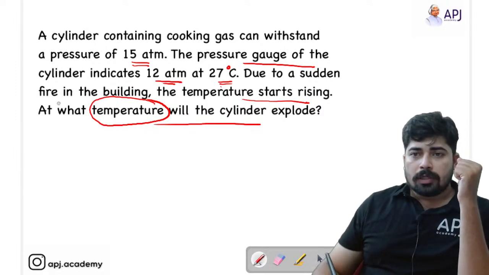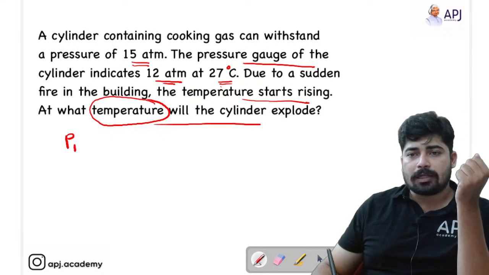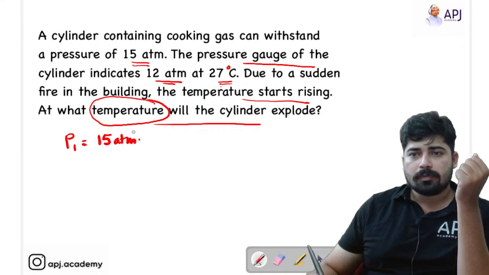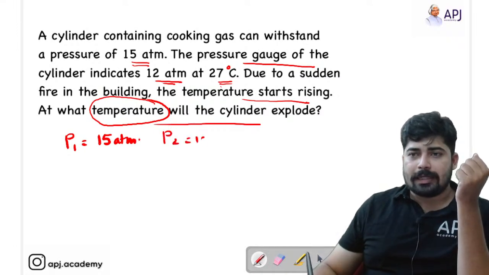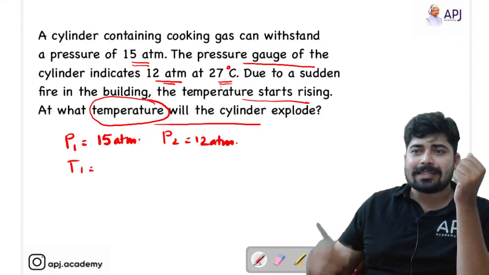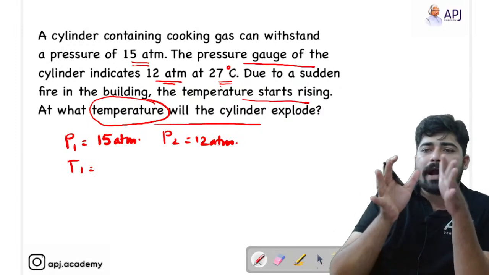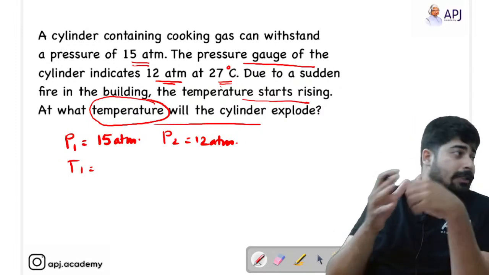Let's write down the values given in the question. We are given P1 is equal to 15 atm, P2 is 12 atm, and the temperature is 27 degrees Celsius. Dear students, you have to solve the problems always taking the temperature in Kelvin.